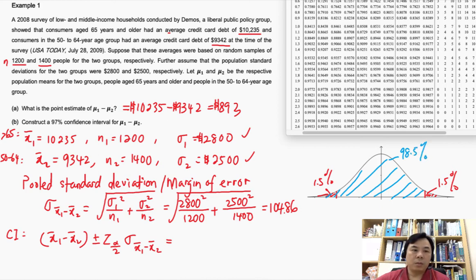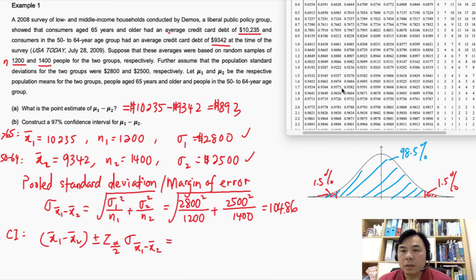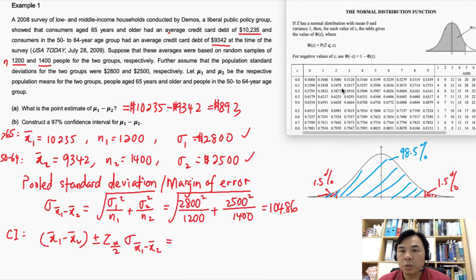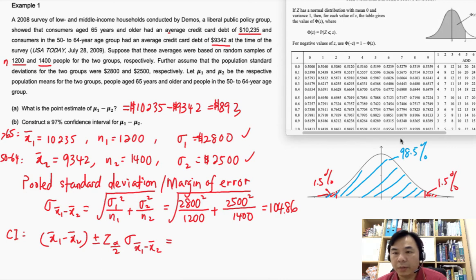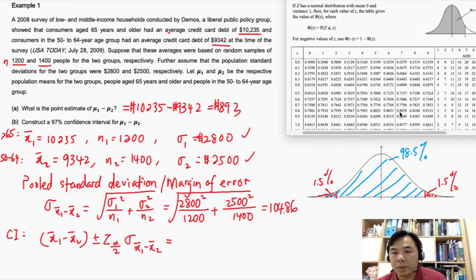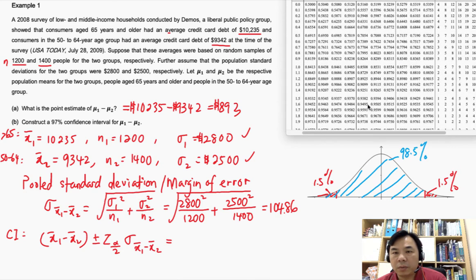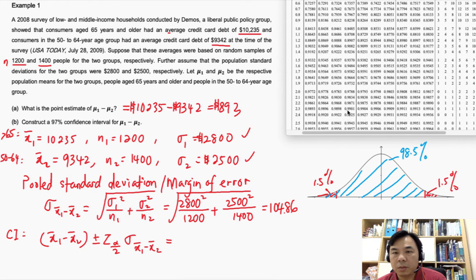So by looking under the normal distribution curve, we're going to look for the area that represents 98.5%. Let me scroll down. 98.5% is 0.985.